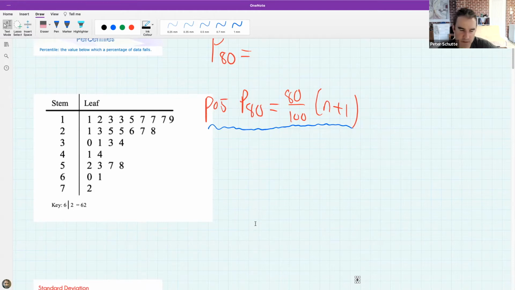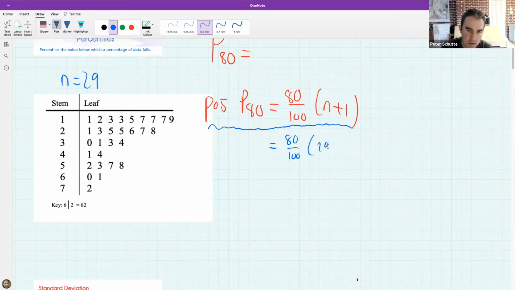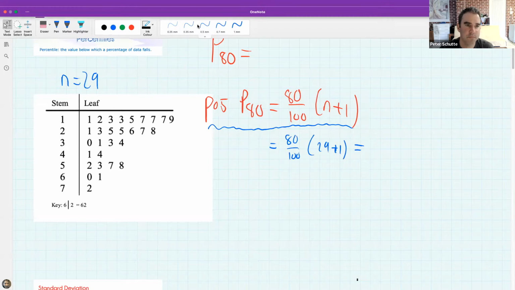So what is the position of the 80th percentile? In this data set we used earlier on, n is 29, so that's how many items there are, and it is arranged from smallest to biggest, so that's already been done for you. So what are we seeing as our position?